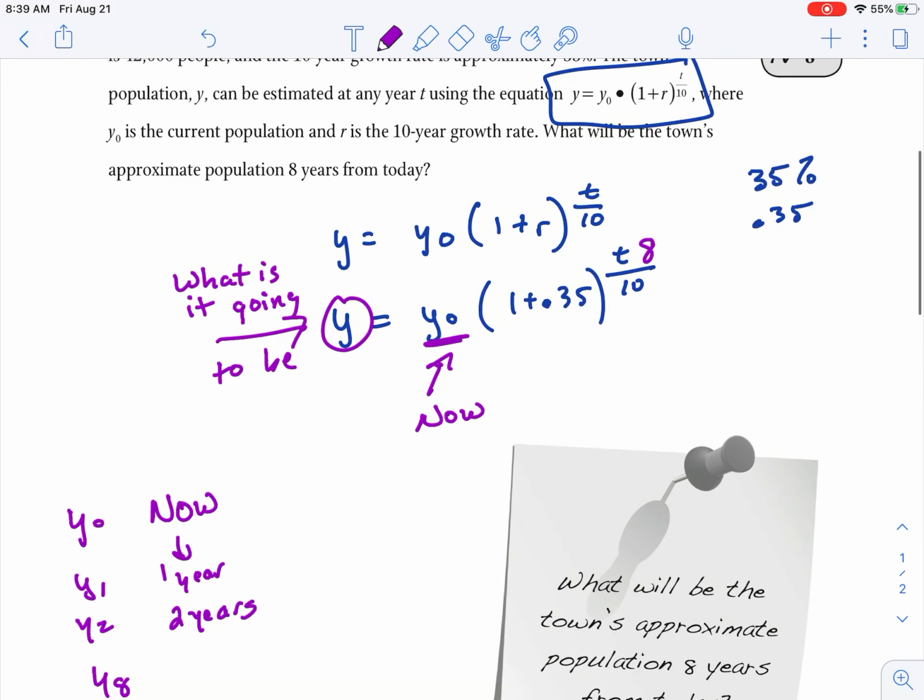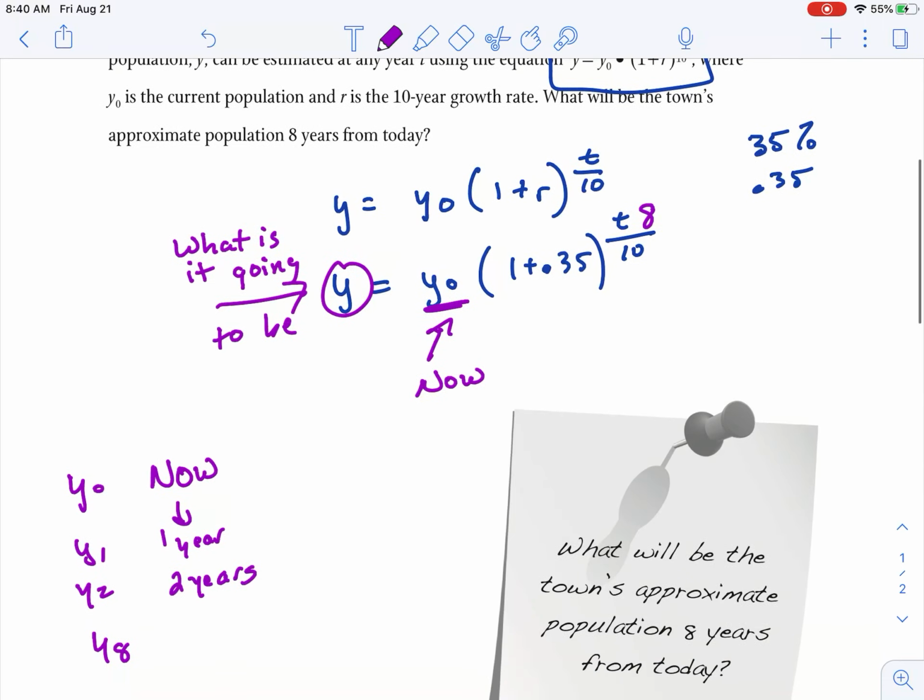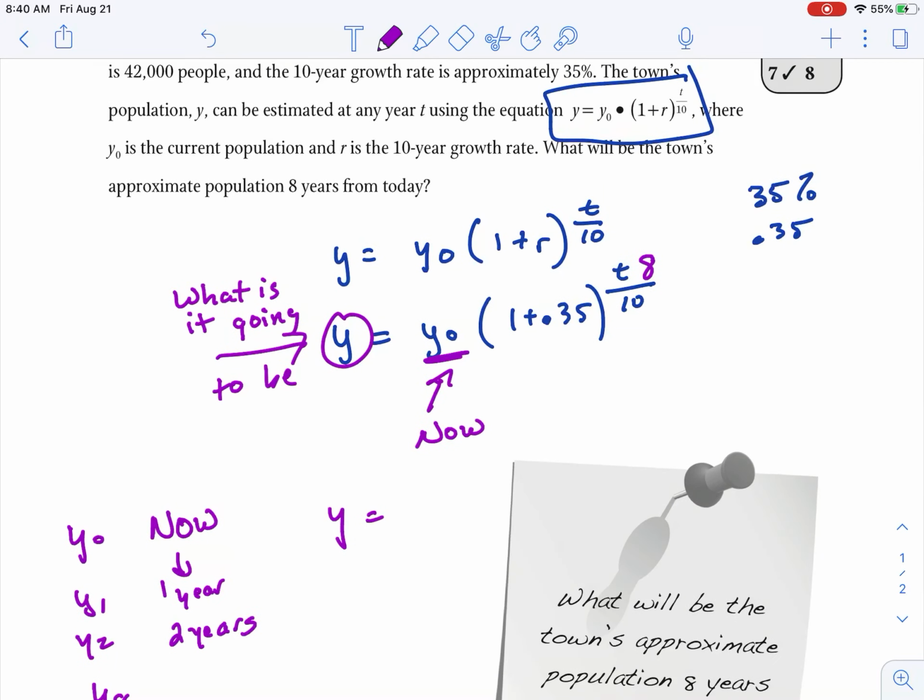If the population was in decline, it wouldn't be 1 plus 35, it would be 1 minus 35, but it's not in decline. So Y equals, what is the population right now? 42,000, 1 plus 0.35 to the 8 over 10.